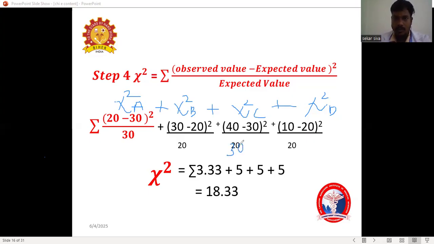Here it is 30 because the expected value is 30. So it is 30 only. For D cell, 10 minus 20 the whole square divided by 20.